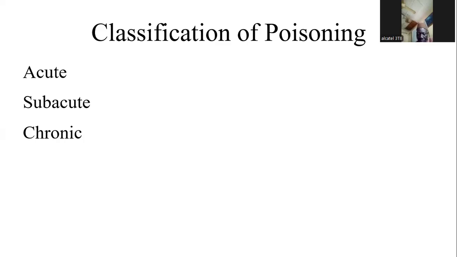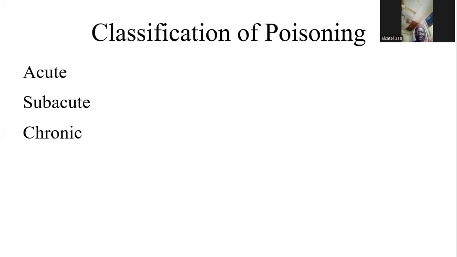Subacute poisoning is when you have exposure of up to weeks, like 3 weeks, 4 weeks. Within that range, we call it subacute poisoning. But chronic poisoning usually occurs over a long period of time, even years, and usually it involves a small concentration. You are exposed to a small concentration of lead today, tomorrow, the next day. Over a long period of time, you are not expressing any type of behaviors.